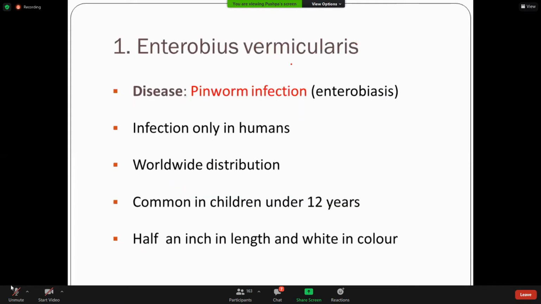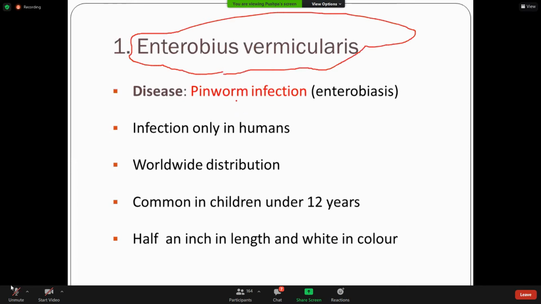Now coming to the first nematode, Enterobius vermicularis. Please remember these words also, because these are the common English names given to this particular type of worm infection, which everybody can understand. There is medical terminology, and then there is the common English name, which is better if you know it.